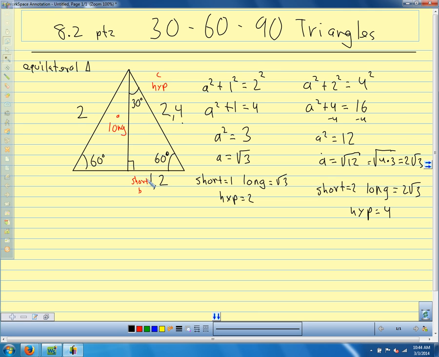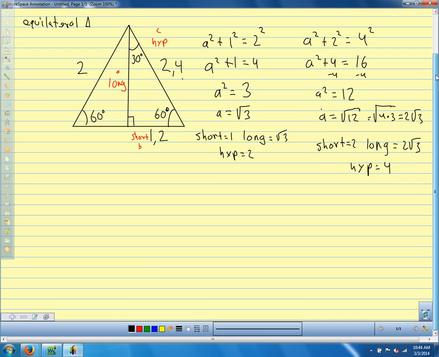So this leads us to our 30, 60, 90 theorem. So we see this pattern happening with the triangle. The hypotenuse is twice as long as the short side, and the long side is square root of 3 times as long as the short side.